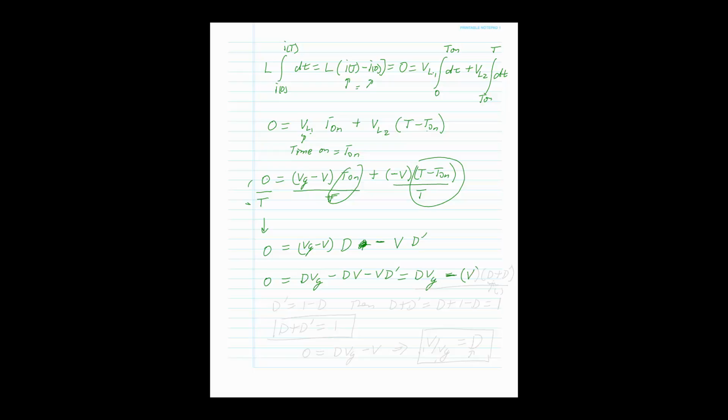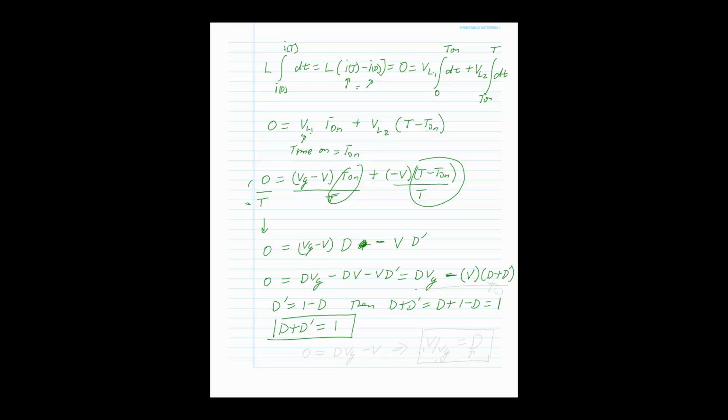So we have a minus V times D plus D prime. And if you remember, D prime is equal to 1 minus D, then we note that D plus D prime is D plus 1 minus D, which is equal to 1. So always remember that D plus D prime is always equal to 1, which makes sense.